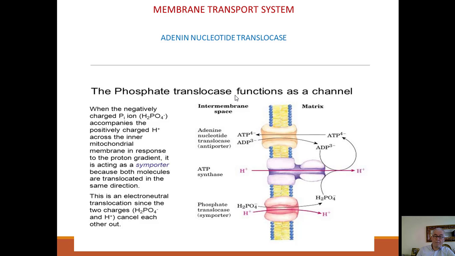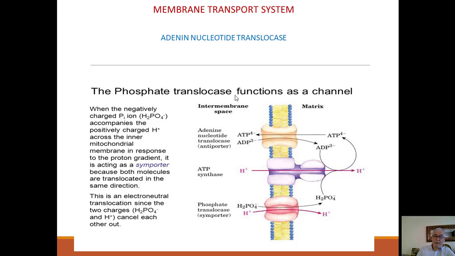In this protein system, phosphate translocase is able to do this reaction. The system can also transfer protons from the cytosol to the matrix and is called a symporter. So we have antiporter and symporter systems in the mitochondrial membrane.